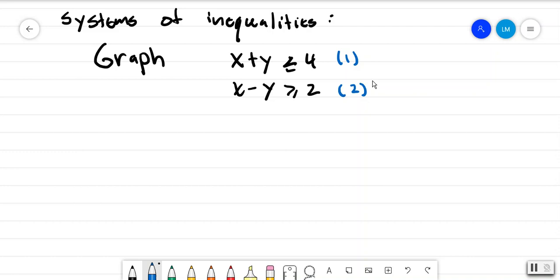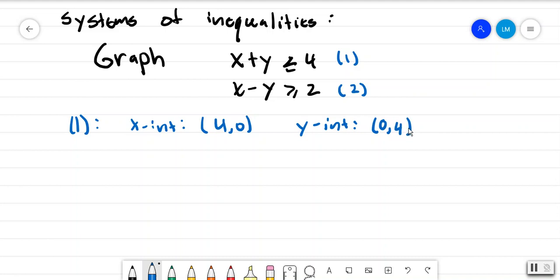One way I can do this is that I know that for inequality 1, the x-intercept is 4, comma 0, and the y-intercept is 0, comma 4.